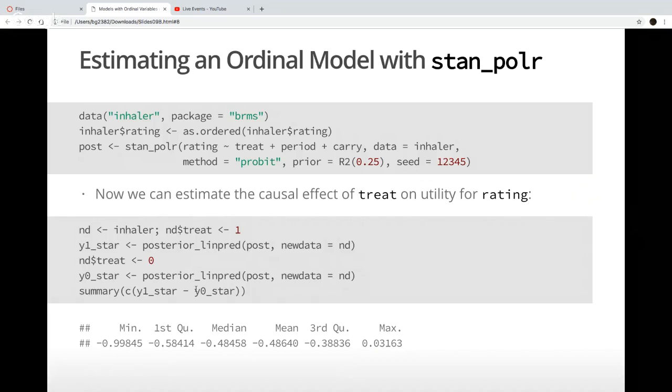In this case, it does seem to have a relatively precise effect that would tend to be negative. But again, what does negative 0.5 mean on the utility scale? Not super interpretable, so you would want to try to do posterior_predict and other things like that that you can put in observable units of y.